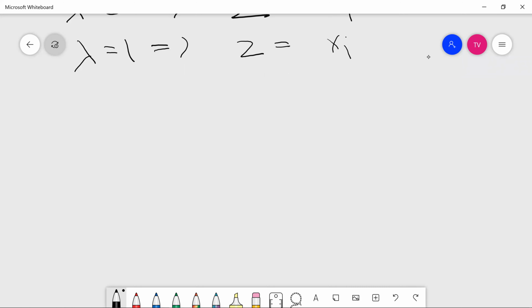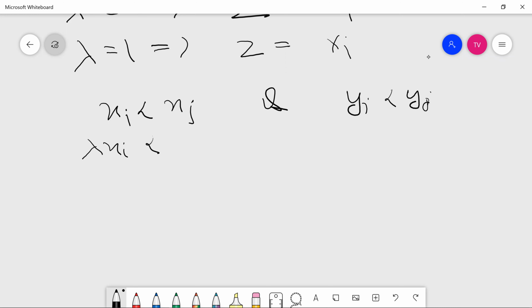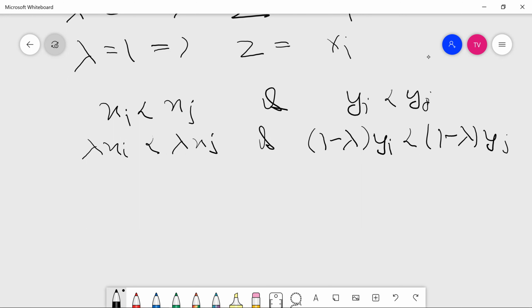Okay, so now let's take xi is less than xj and yi is less than yj. We multiply the first with lambda, so lambda of xi is less than lambda of xj, and the second with 1 minus lambda, so 1 minus lambda of yi is less than 1 minus lambda of yj.